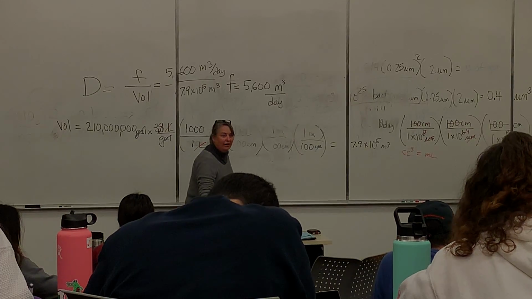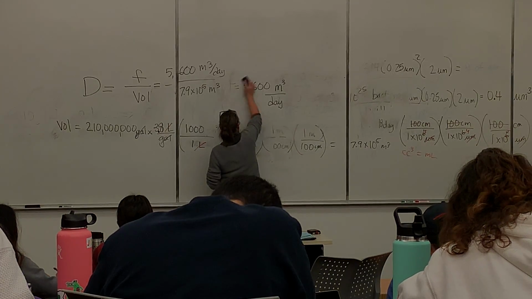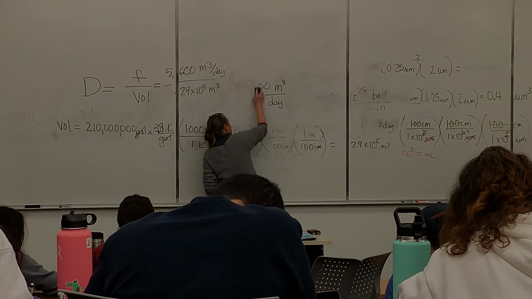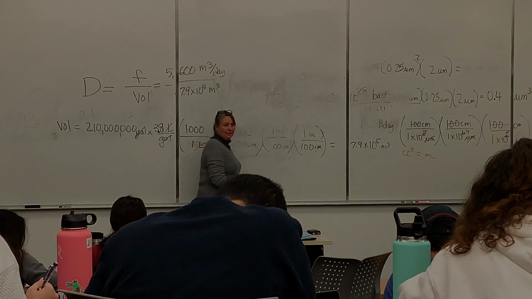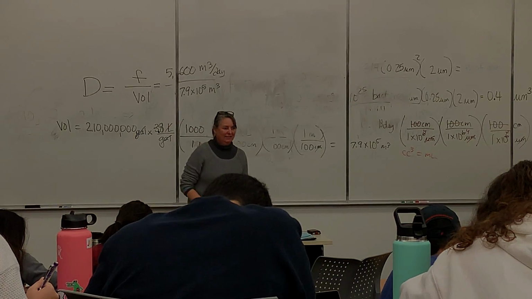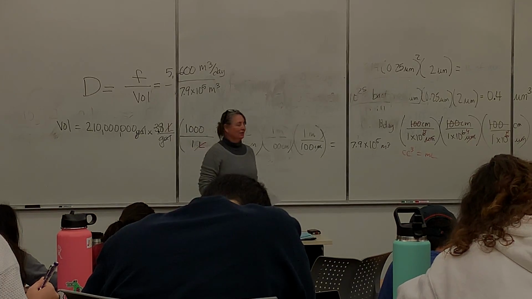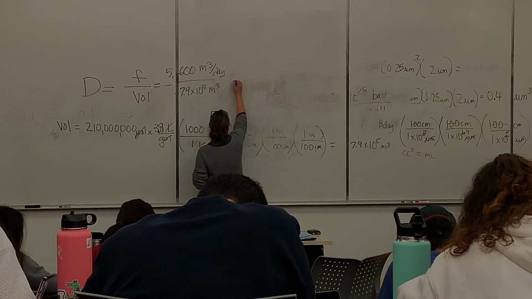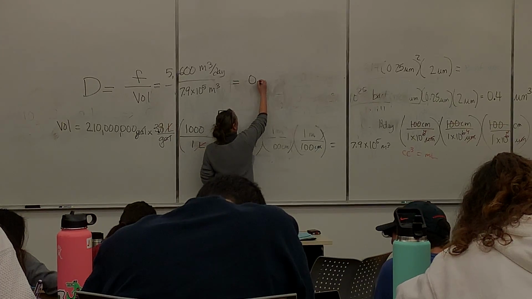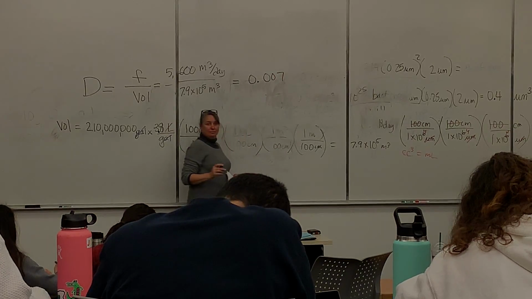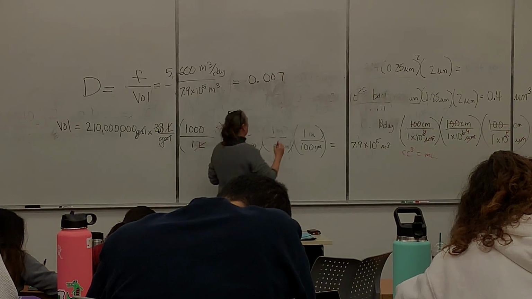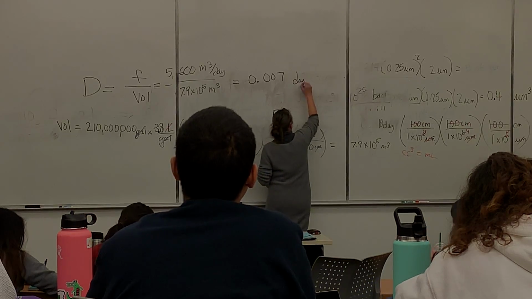A dilution is always a per time. What is your D? 0.007 per day. So the unit should then be day to the -1.